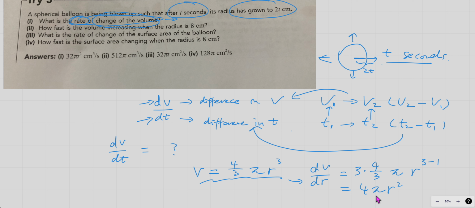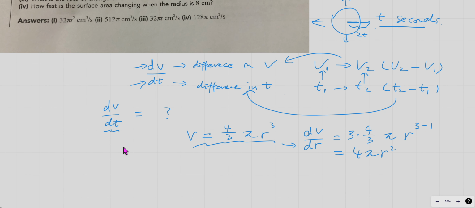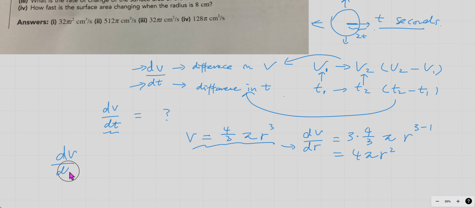Okay, good. So now you need to find dV over dt. The question you ask yourself is this: dV over dt is something, and you have your dV over dr already.